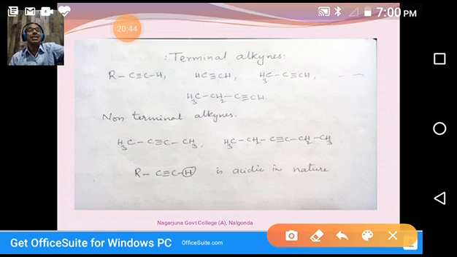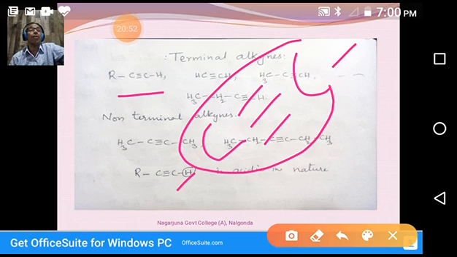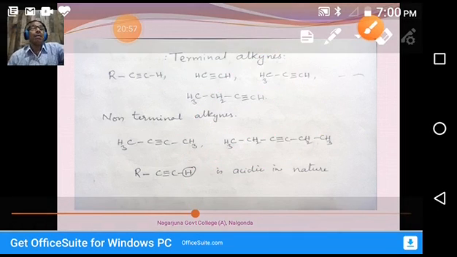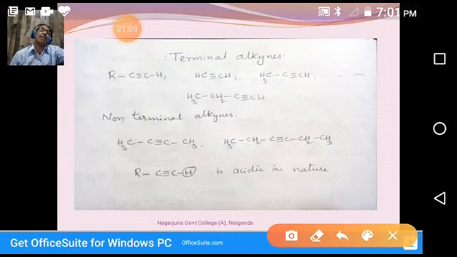This functional group we call alkynes. Alkynes are of two types: terminal alkynes and non-terminal alkynes.